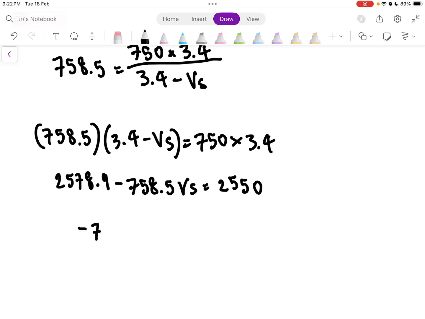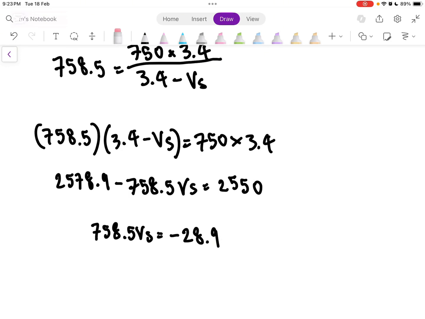So 2550 minus 758.5 vs equals 2550 minus 2578.9, which is minus 28.9.